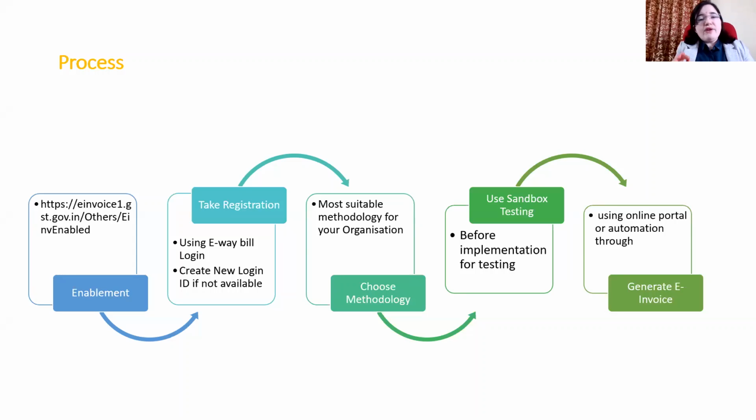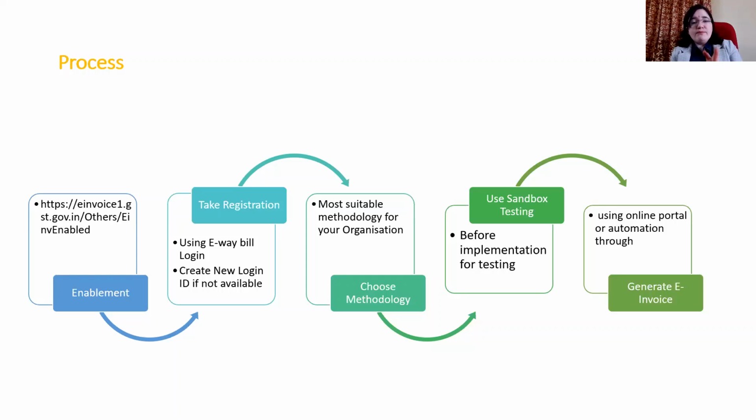Second, if you do not have an e-way bill password, that means you are a service provider and have not yet registered on the e-way bill portal, then you have to create a login ID and password. You go for the registration and create the login ID and password on the e-invoice portal.